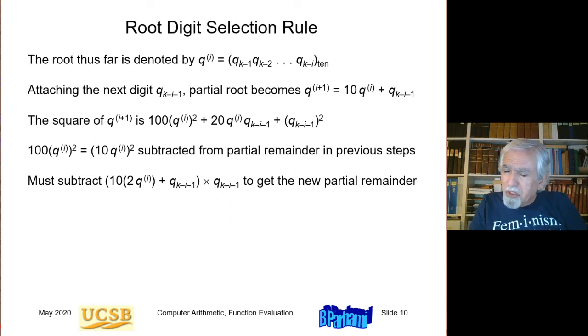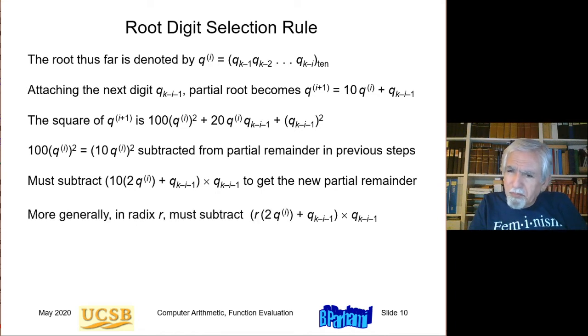Double the partial root up to this point. Attach a digit to it so that this number, the attached digit, times the value of that attached digit is no greater than the partial remainder. Okay, more generally in radix R, so this was the radix 10 algorithm. In radix R, this is what we do.